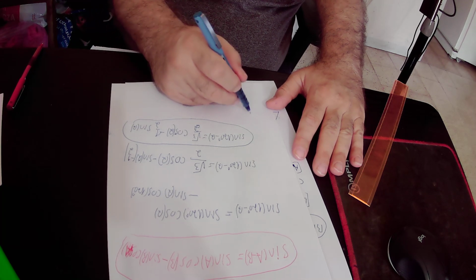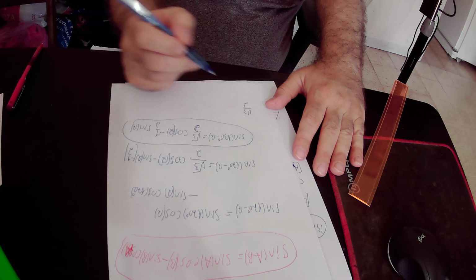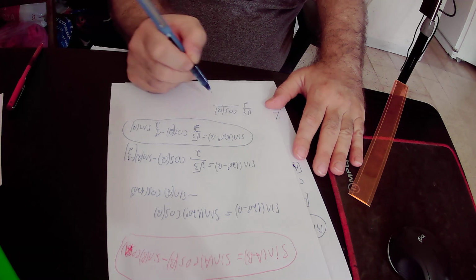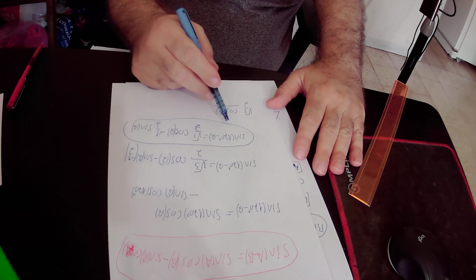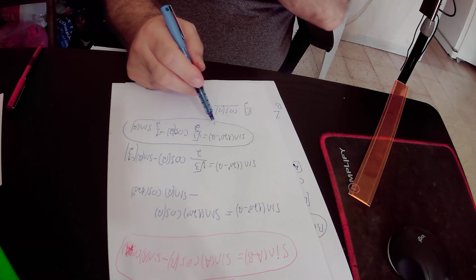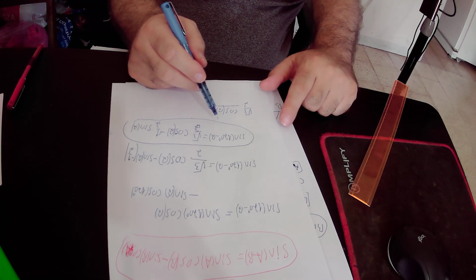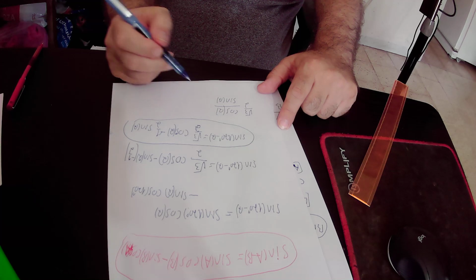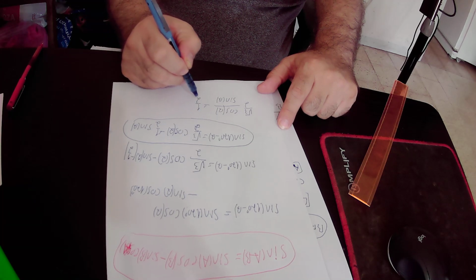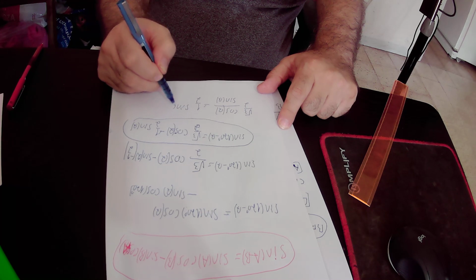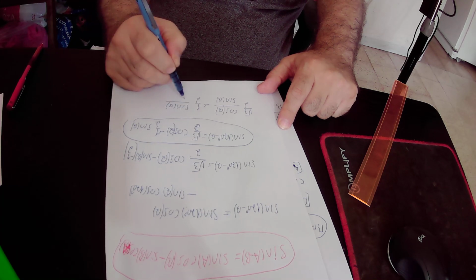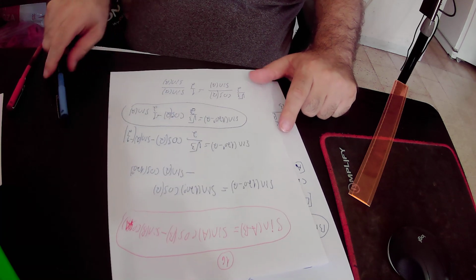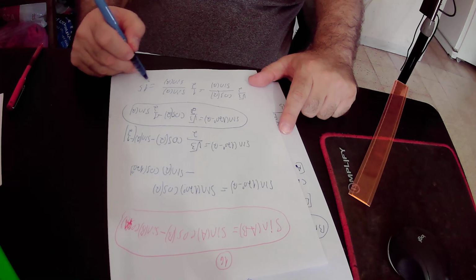So root 3 over 2 times cosine Q over sine Q, plus 1 over 2 times sine Q over sine Q, which is actually 1, and all equals 15 over 8.